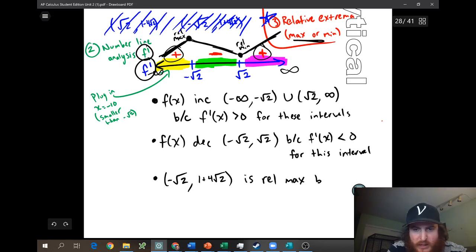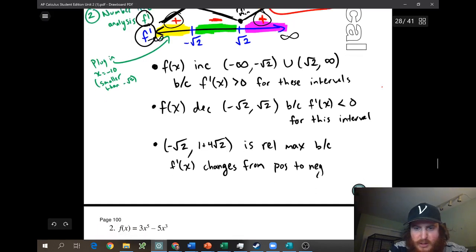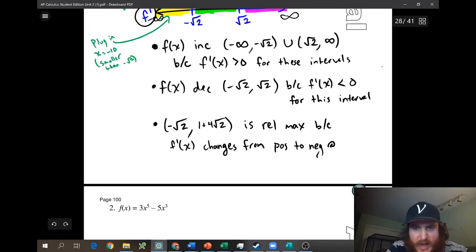So that's our coordinate. That would be the relative maximum. Why? Because, same reasoning as yesterday, f prime of x changes from positive to negative. You could have also said like f prime of x greater than 0 to less than 0. And I'm going to say at x equals negative square root of 2.